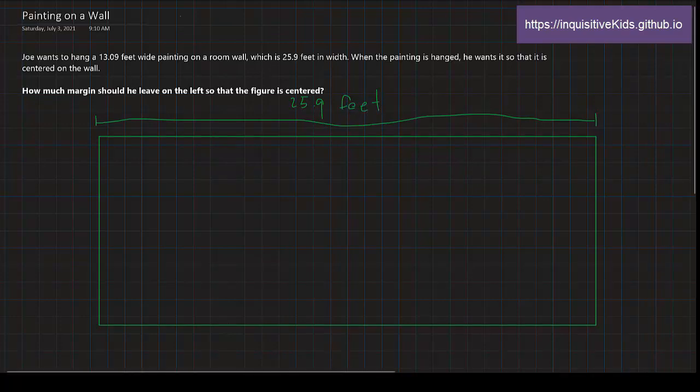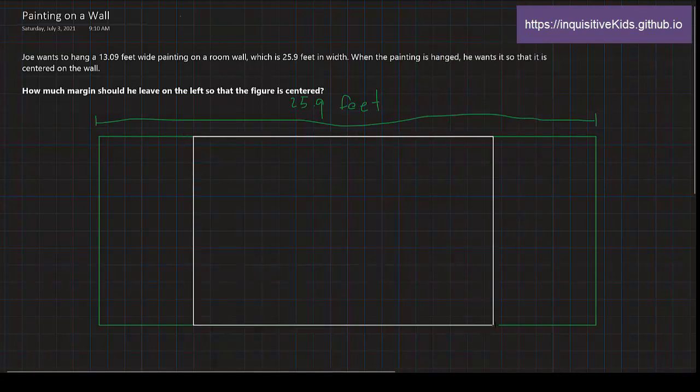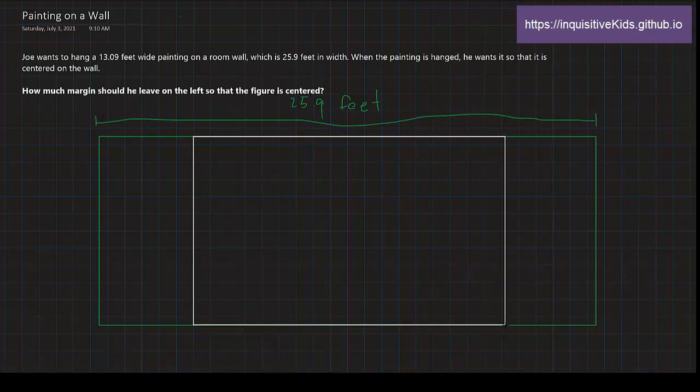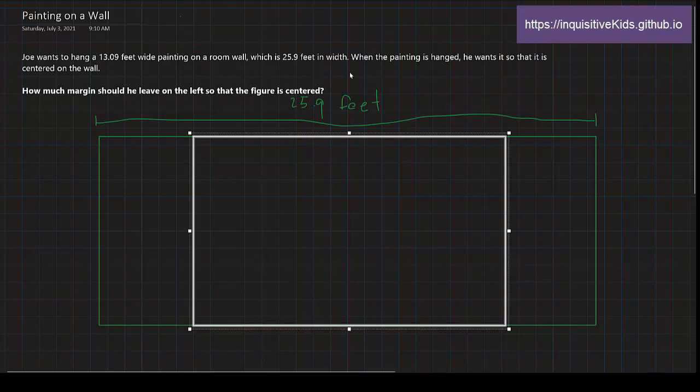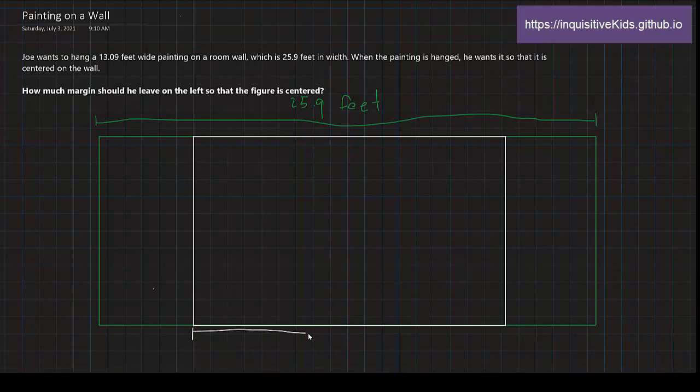And for the painting, here's the painting. And remember, it has to be centered. The painting is about this much, and the painting is from one end to the other, here to here.